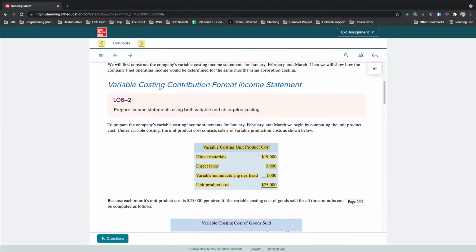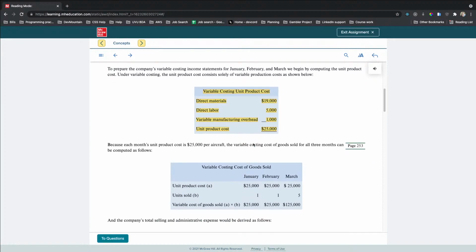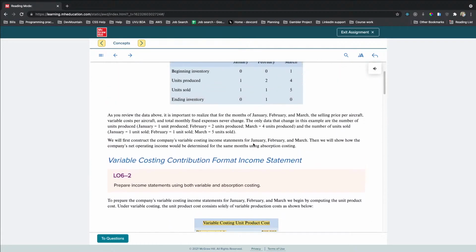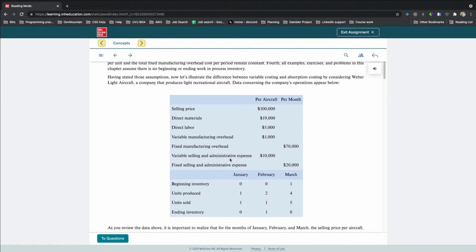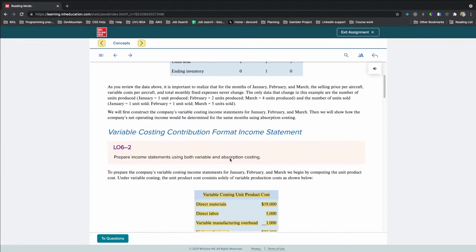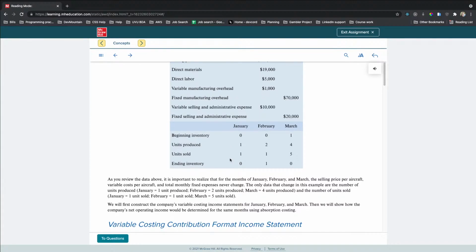All right, variable costing, contribution, prepare statement. Wait, whoa. Why aren't we doing our variable selling and administrative expenses? I guess that's not to make. That's per sale, I guess.